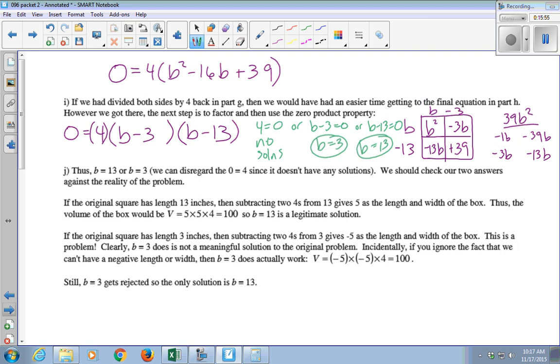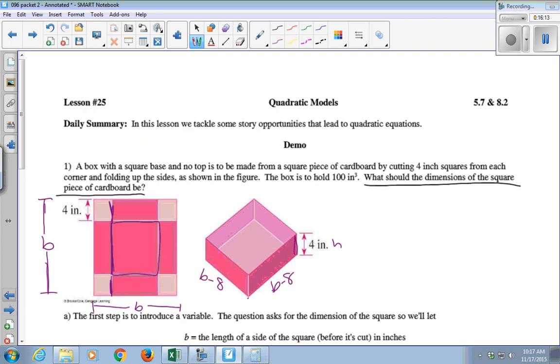We should check our solutions, though, against the reality of the problem. Remember, this was a physical box we're building. We should double check that it's actually going to work, right? So if we choose b equals 13, the original square has length 13 inches. It's helpful to go back and remember what b was representing. It's the length of the whole square before you cut it.